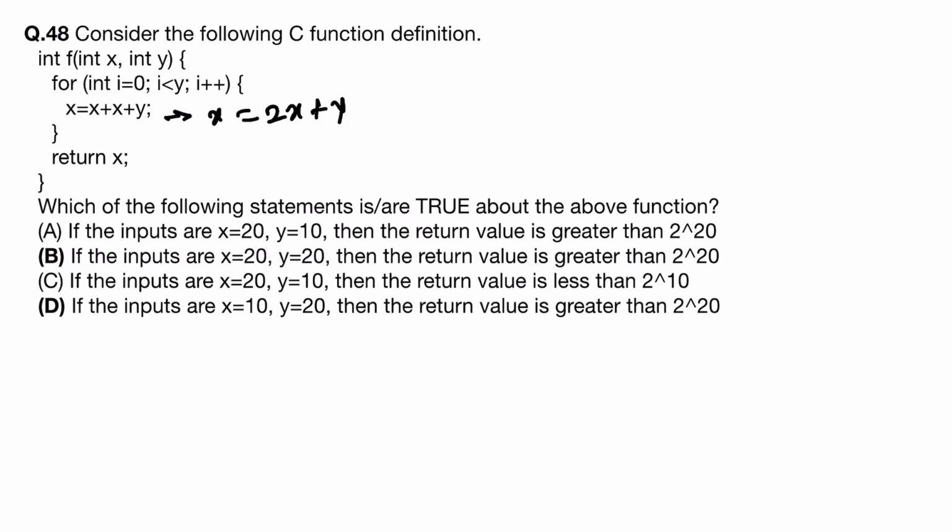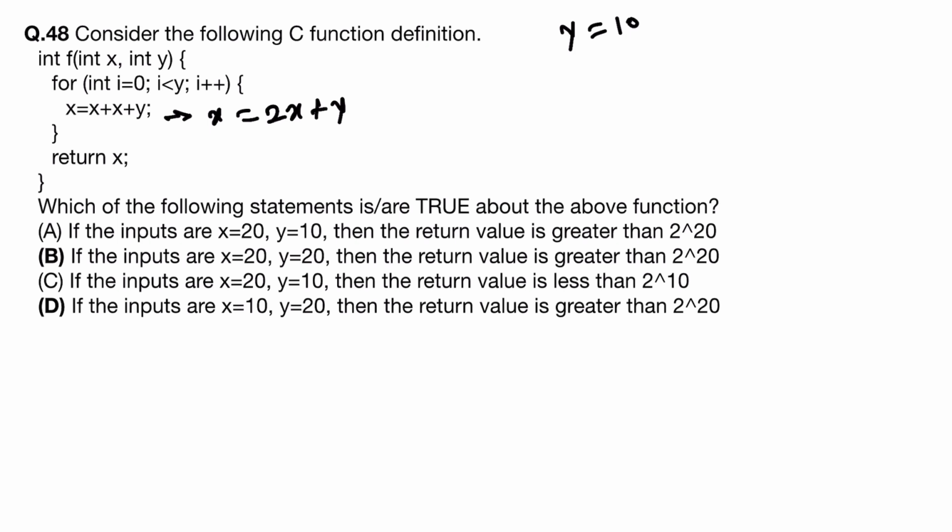How many times is this function executing? y times, from 0 to, like if y is 10, this will execute 10 times, but its value will be added from 0.